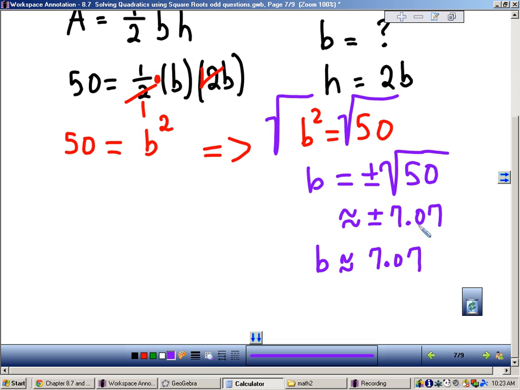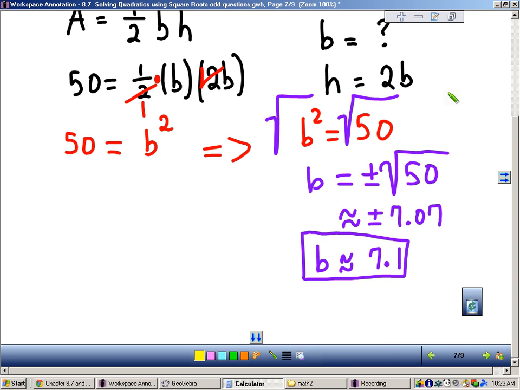And it said round to the nearest tenth, didn't it? So the 7 makes the 0 a 1, so I can erase that, make that 1. And so when you look at your height, which is twice the base, you see that up here? We'll highlight that. Then you can substitute and find the height. So we substitute B. Well, let's show all the work.